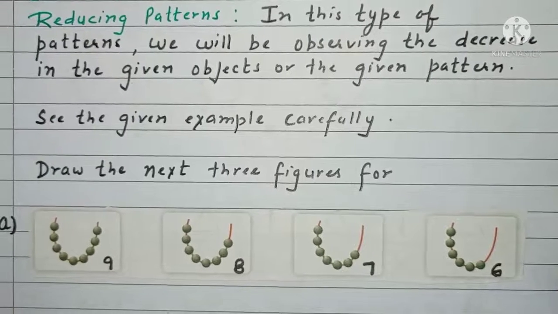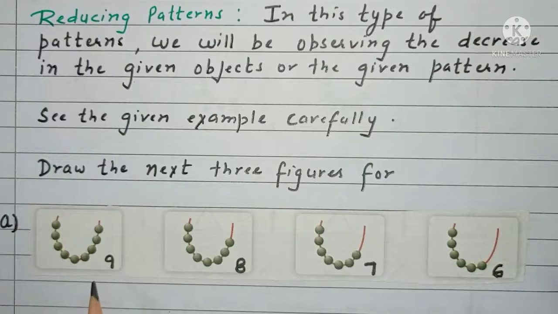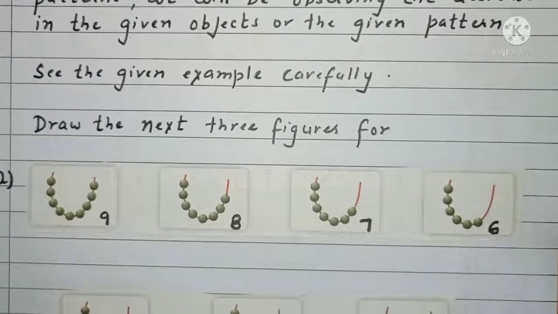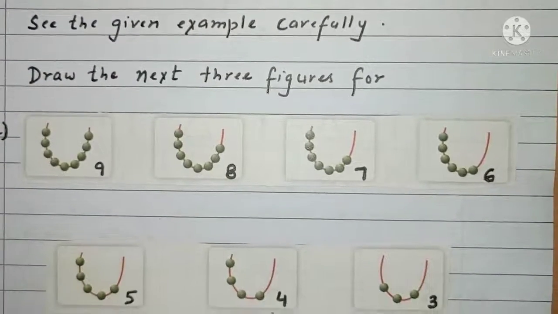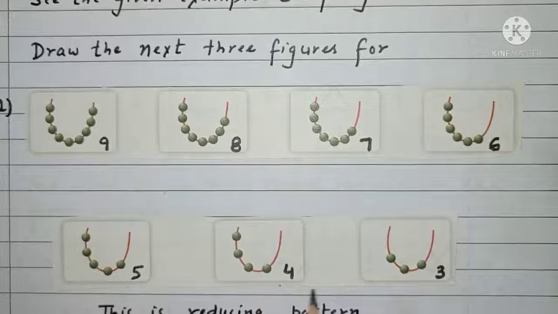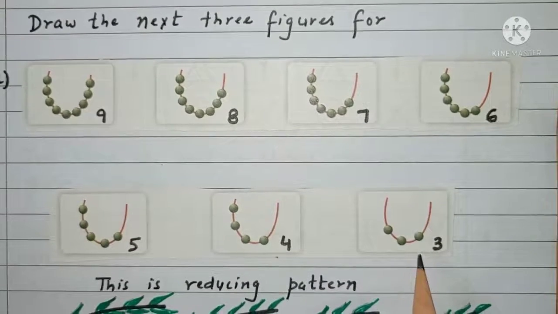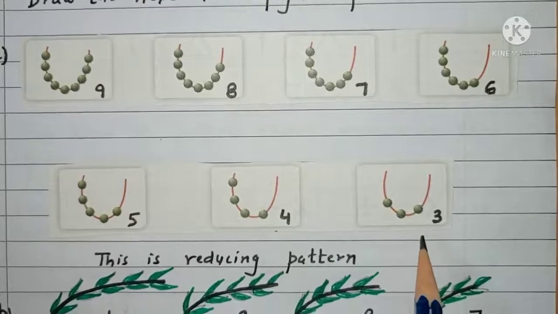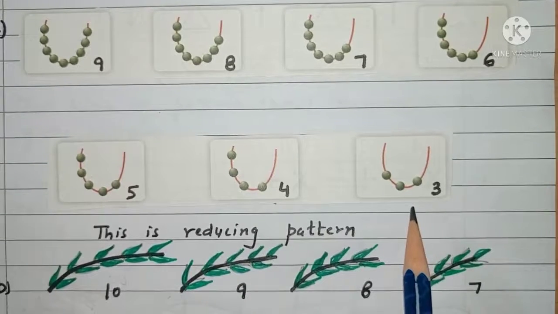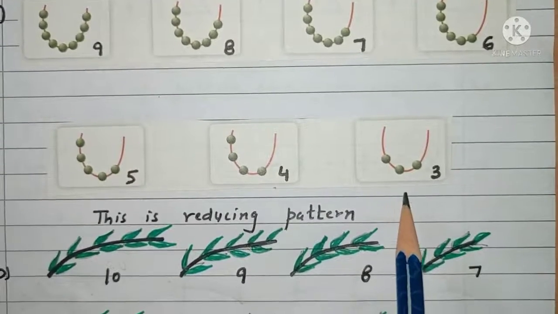As you can see here, the first figure is showing 9 beads. Then 8, 7, 6, followed by 5, 4 and 3. So in this we have to continue the next 3 figures.